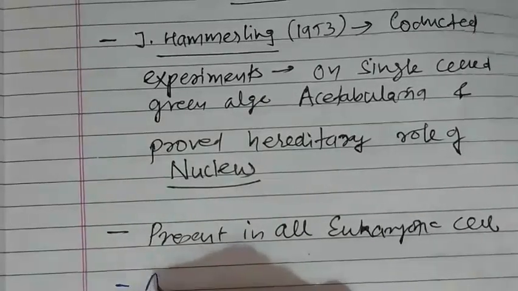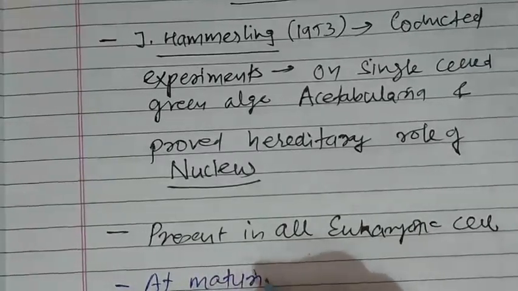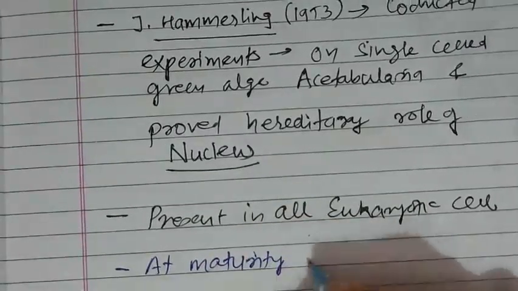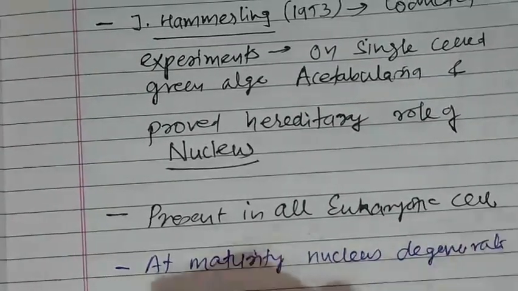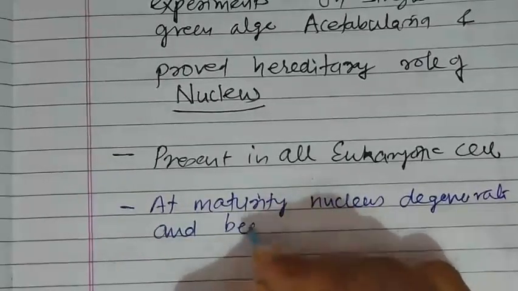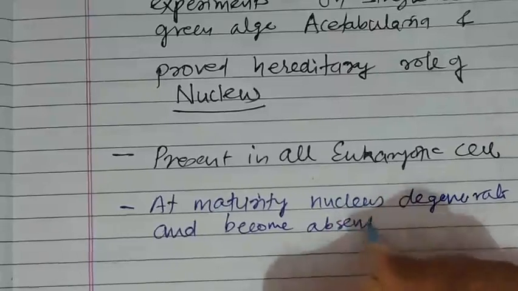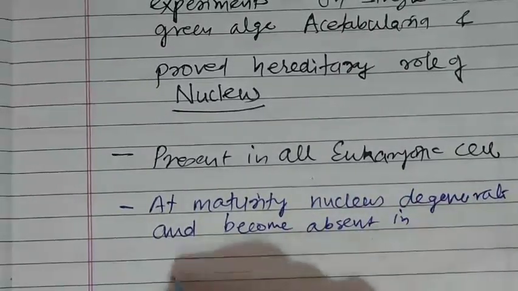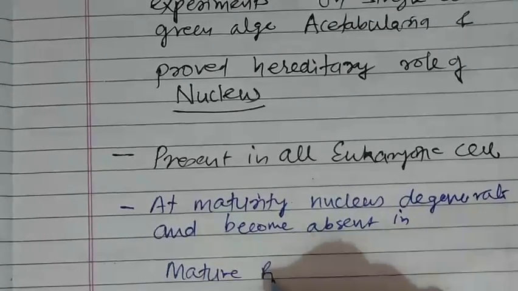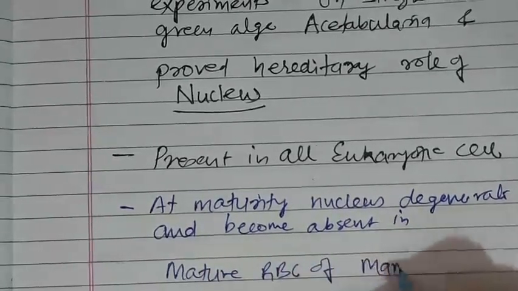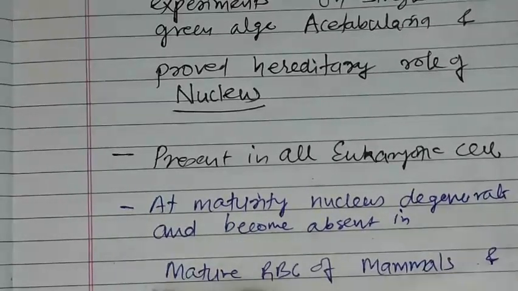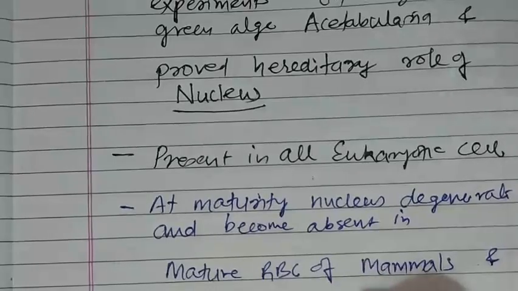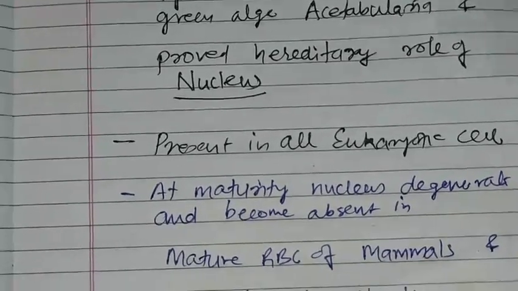So at maturity, the nucleus degenerates and becomes absent in mature RBC of mammals and sieve tube in plants. In prokaryotic cells, a true nucleus is absent, that we know very well.